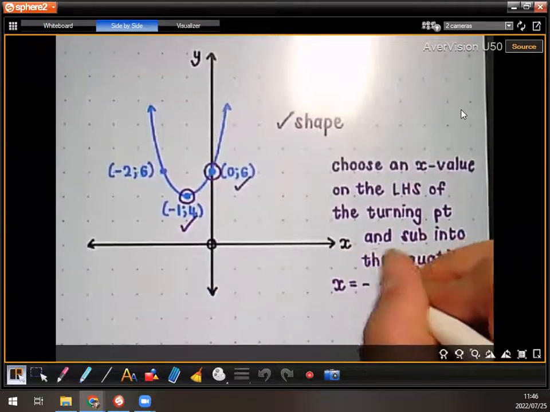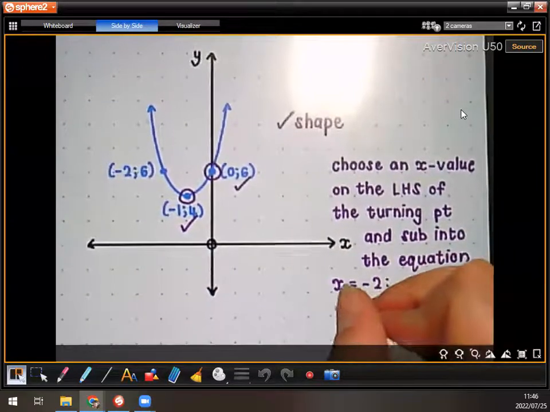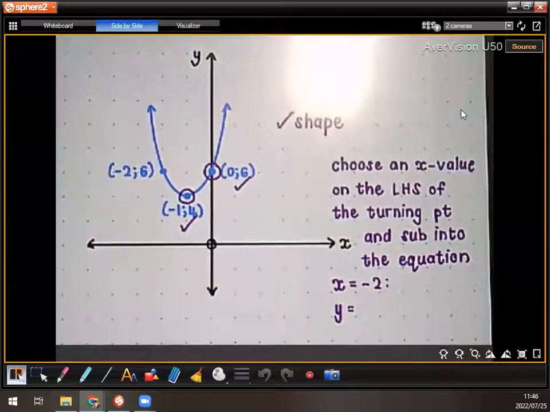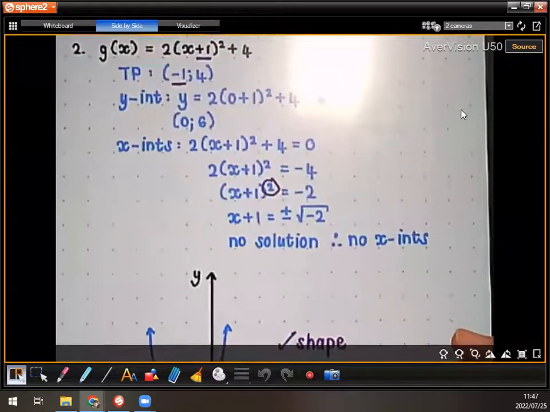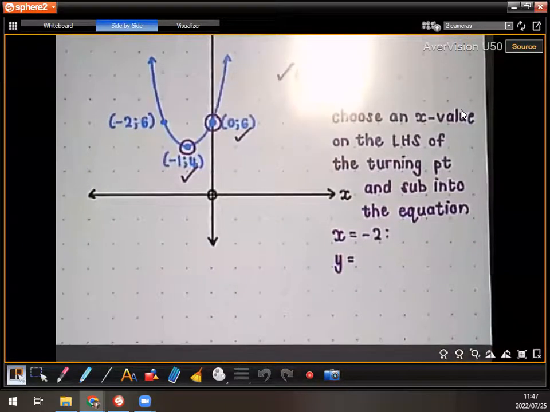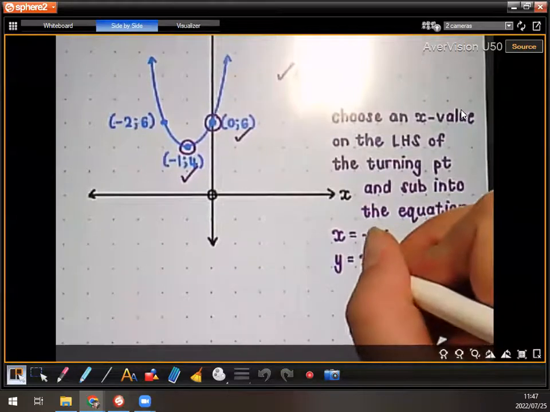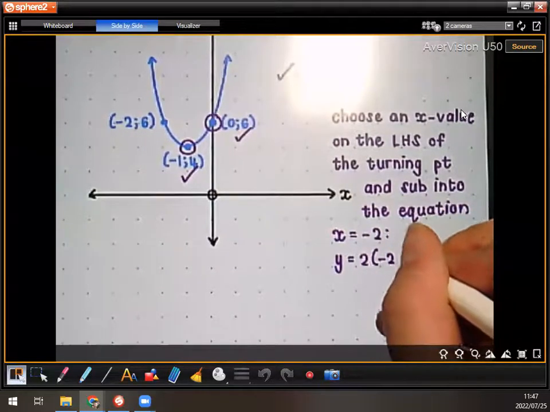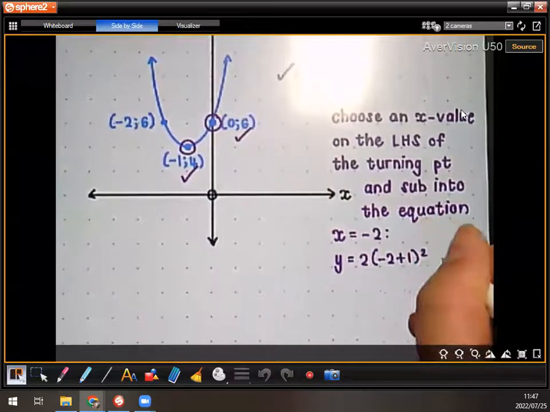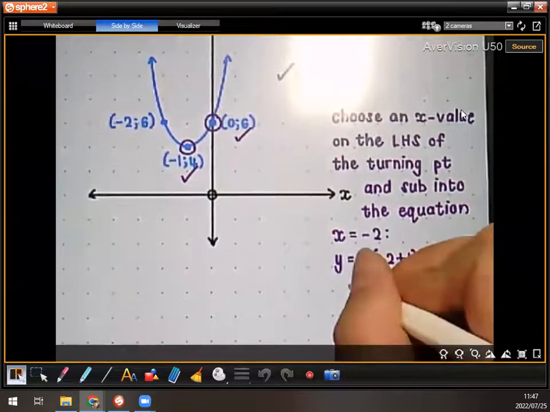So I decided to sub in x equals -2, and then I got my y value by what that equation was. 3 times -2 plus 1 squared plus 4.